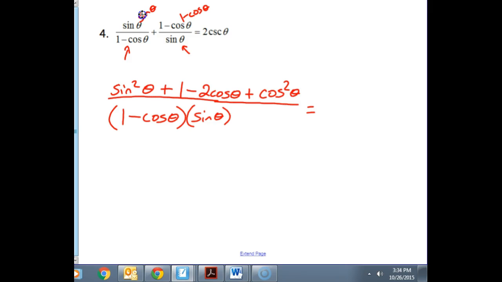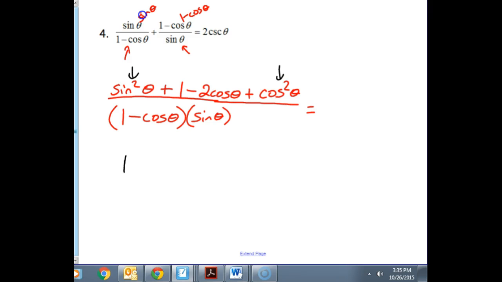Okay, let's see. Always kind of look, see what you got. First thing that I see is that I have sine squared theta and cosine squared theta. What does that actually equal? 1. So let's go ahead and replace that.